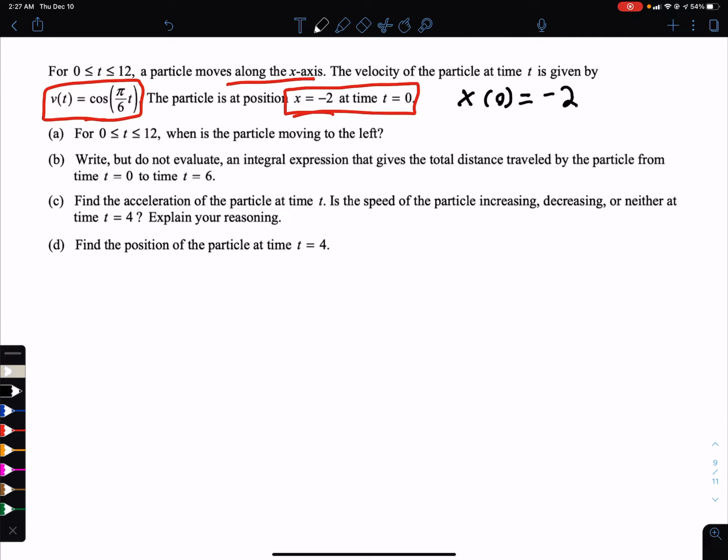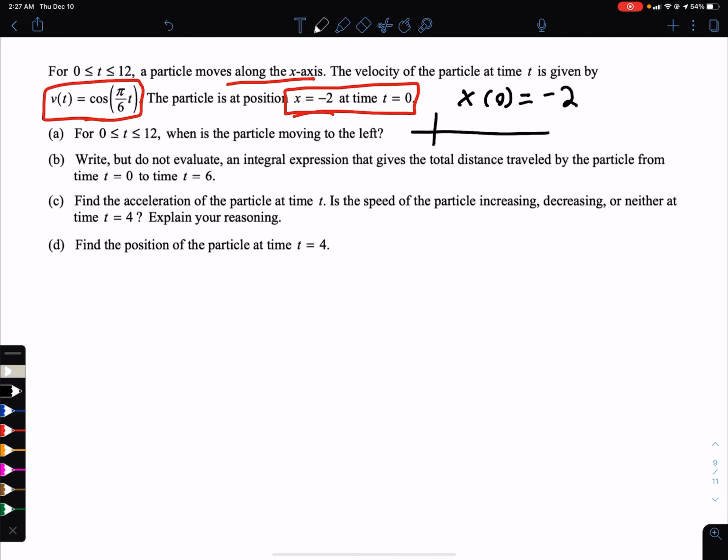Okay, a particle is moving left if the velocity is negative, right? So I'm not going to do this part. This is not really chapter 5, but I'll explain. You would graph this function here on your calculator, and you're going to get a cosine function.